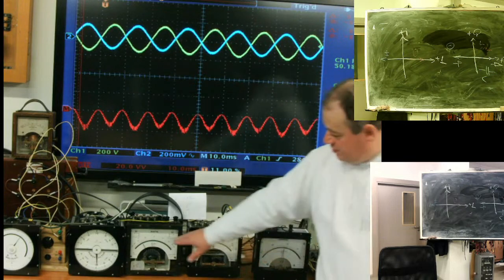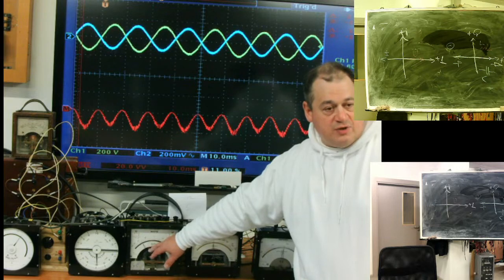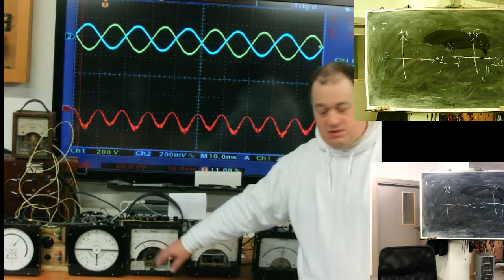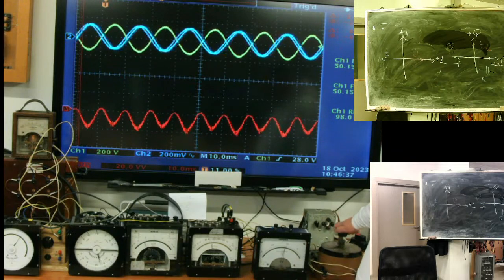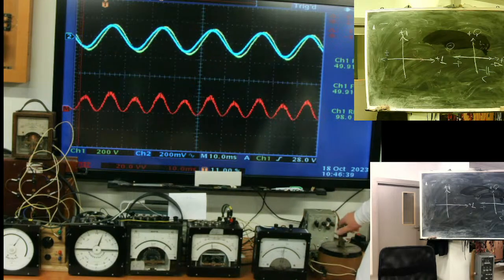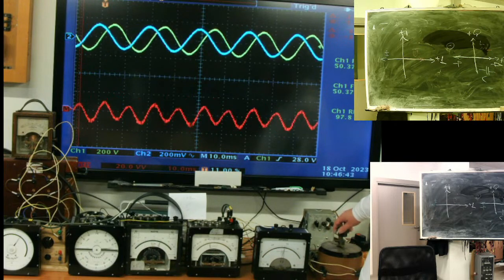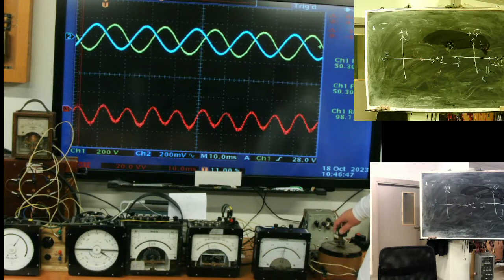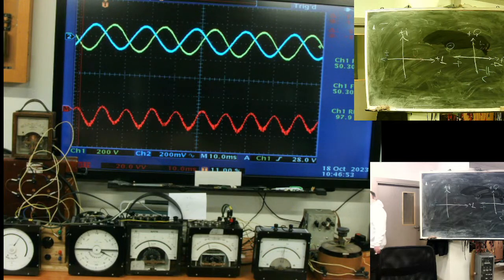You see what's in minus? We are not consuming, we are supplying. One second. This regime.